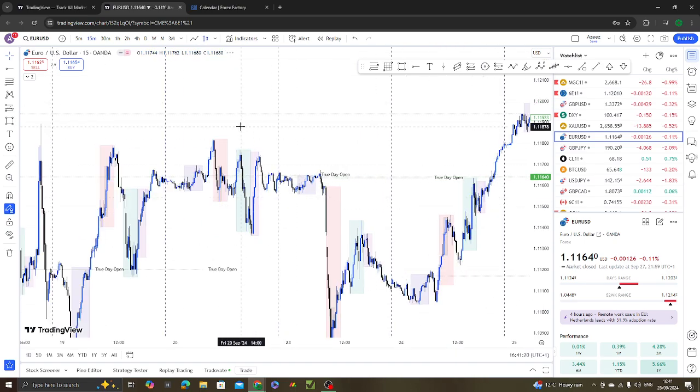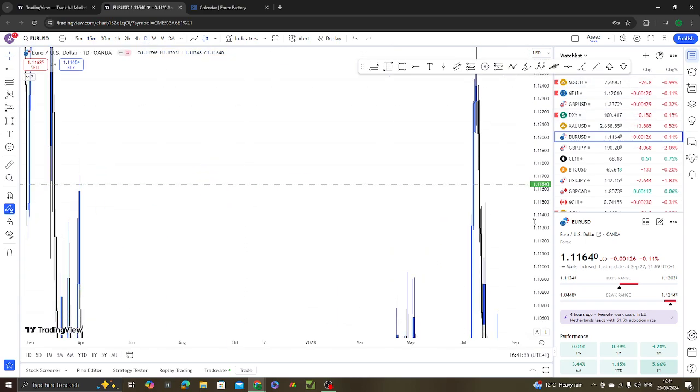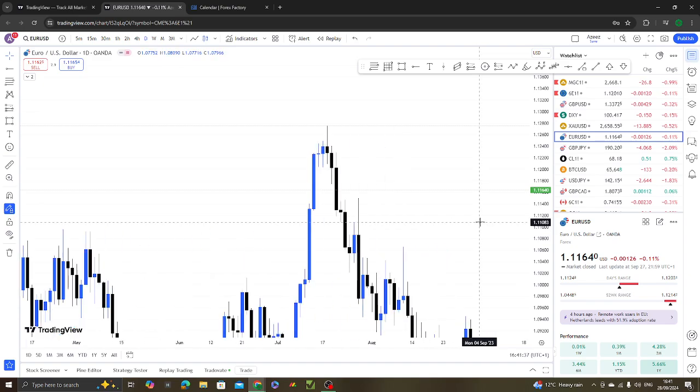So now we'll start from here. We're on a 15-minute time frame. Make sure when you're analyzing from the beginning, you go to your daily. Don't look at any other time frames if you're a day trader.